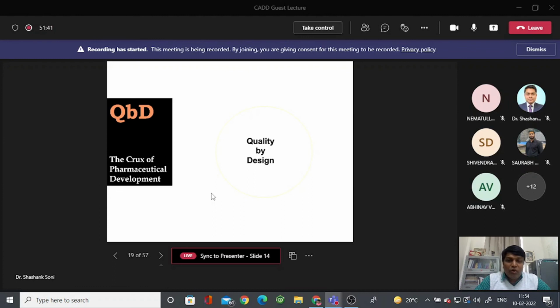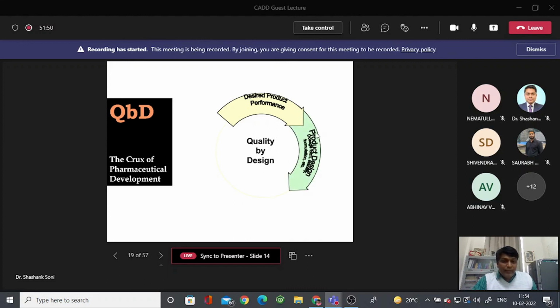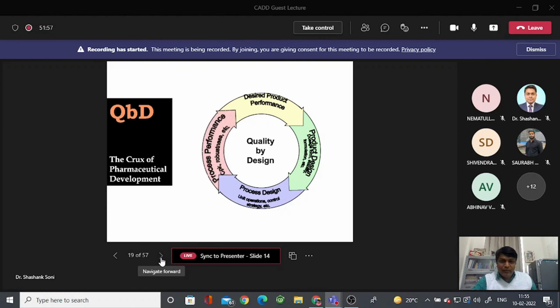QbD is the crux of pharmaceutical development. It is the desired product performance. It is the design of the product. It is the design of the process. It is the performance of the process. Then what happens? The product quality attributes are learned. Then the process parameters are well understood.